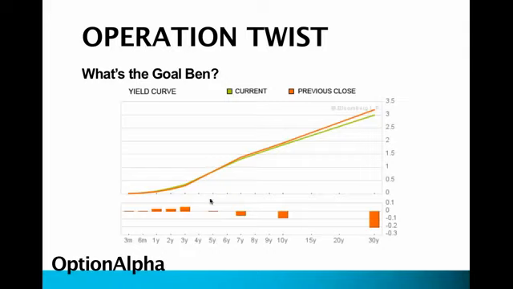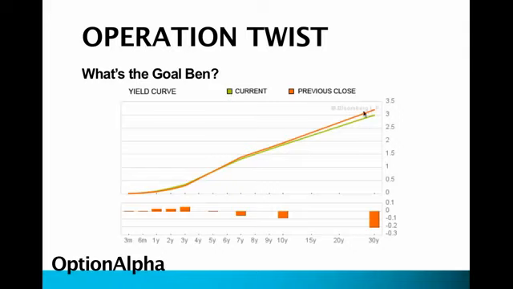So again, what's the goal with this Operation Twist? The goal is to lower or flatten the yield curve. The yield curve goes from all of the short-term securities here, which are basically at zero right now, to some of the longer-term securities at 30-year terms. I took this chart right off of Bloomberg today, so you can see it's already starting to work even today. It started to flatten the yield curve a little bit.